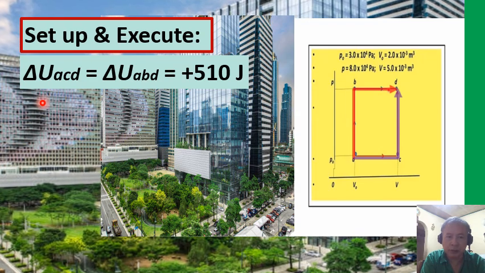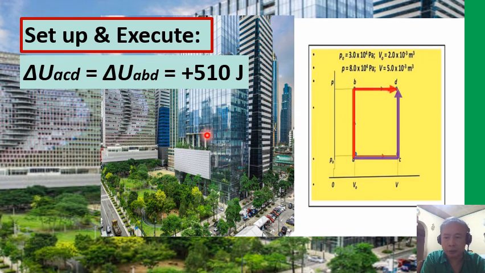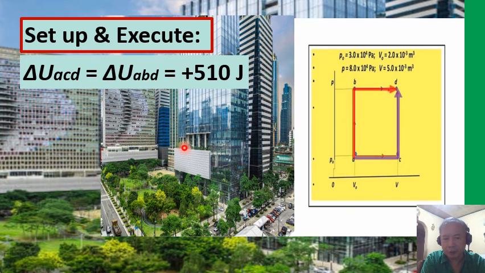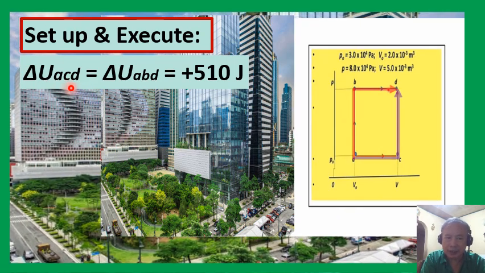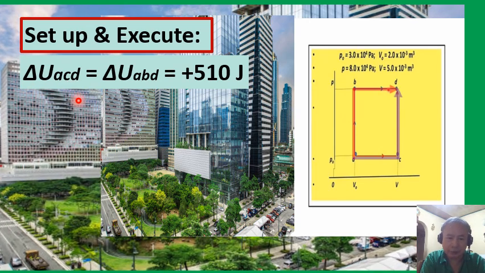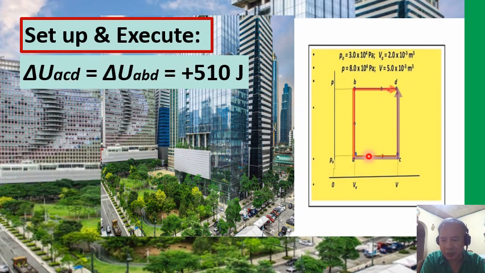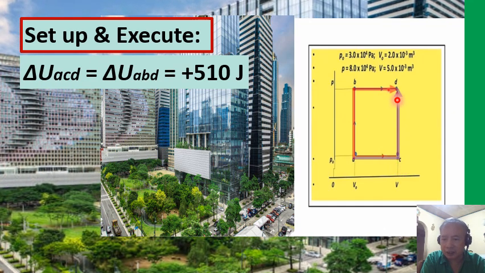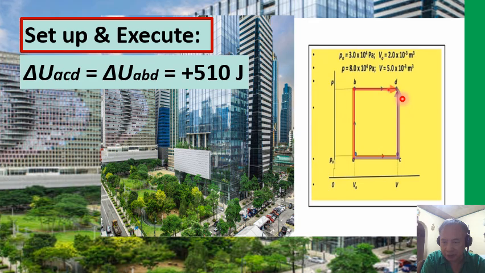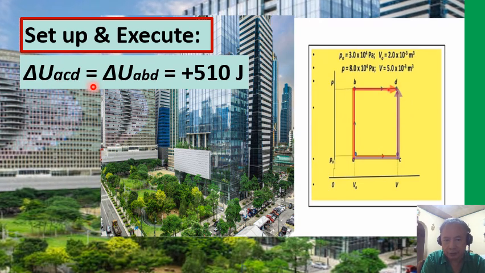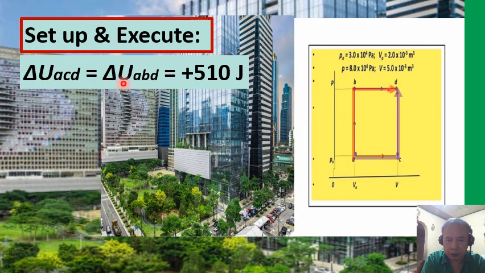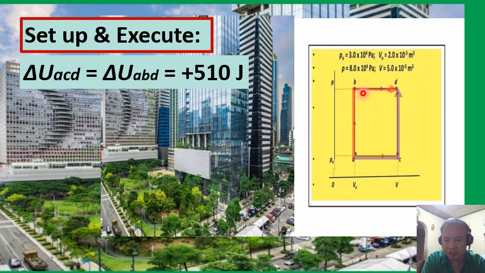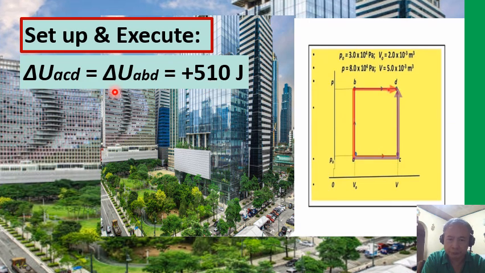Before we proceed to question letter C, we need to first determine the change in the internal energy along the path ACD. We're talking about the second process that proceeds from state A, passing through the intermediate state C, and ending up at the final state D. It's actually equal to delta U sub ABD, the first process that we earlier described.